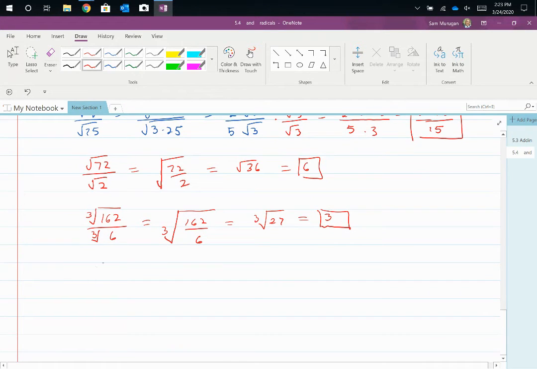Here's an interesting problem. This is the square root of 13x over 5. So now we're going to have to split the square root up to numerator and denominator, 13x over square root 5. And we rationalize by multiplying both numerator and denominator by the square root of x in order to make that denominator a square root.